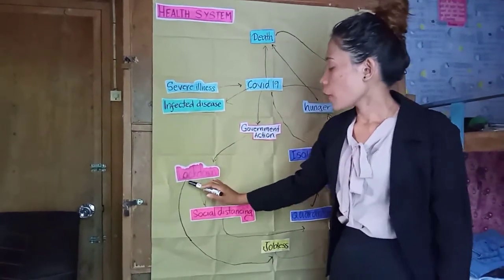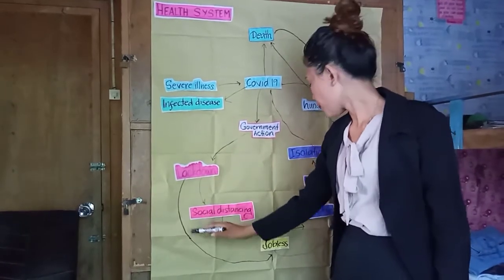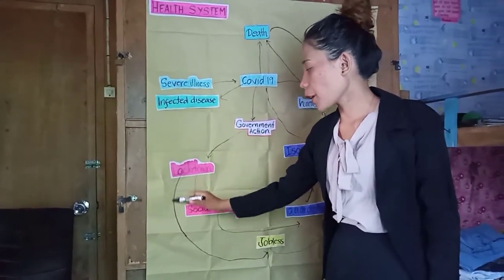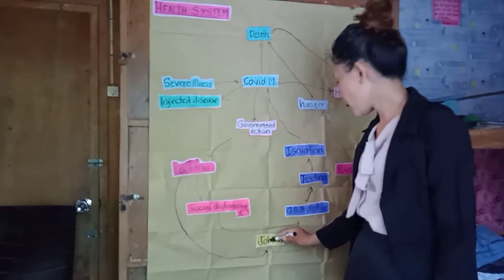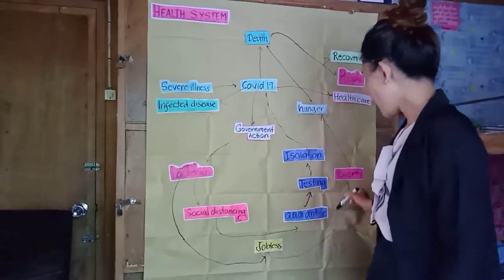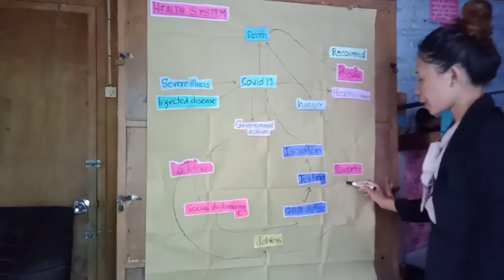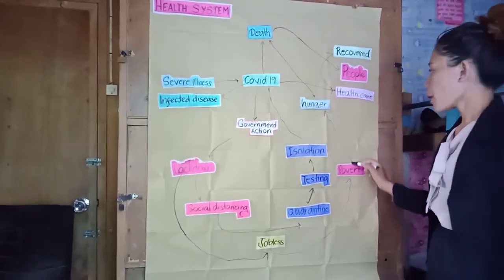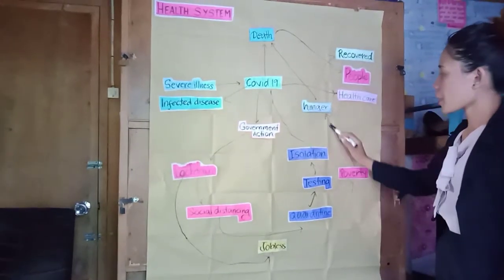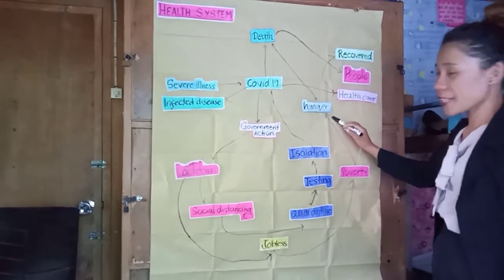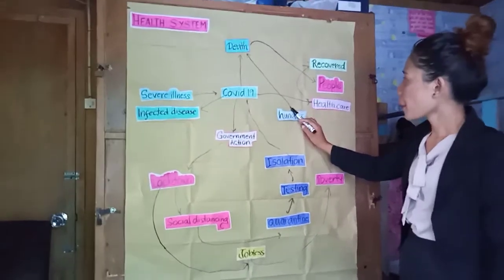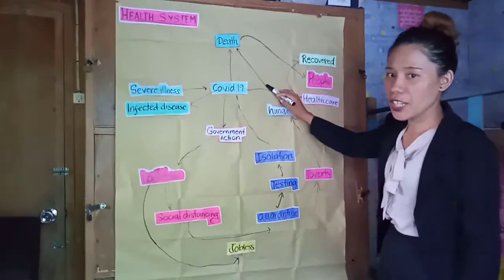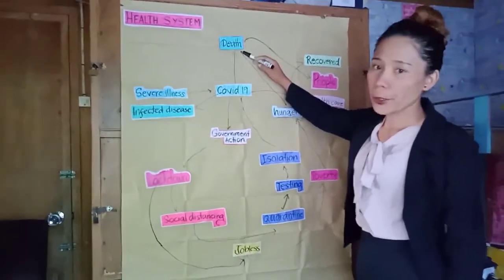Due to that lockdown, many people become jobless, and because of that joblessness, many people fall into poverty, and because of that poverty, hunger increases, and because of that hunger, people have a tendency to have a greater impact from this.